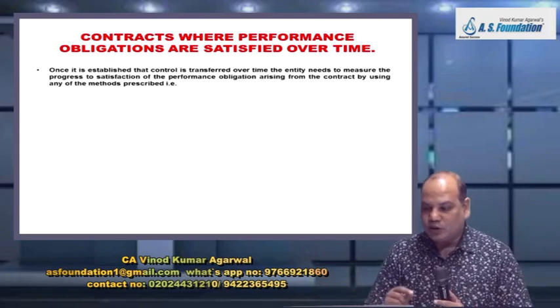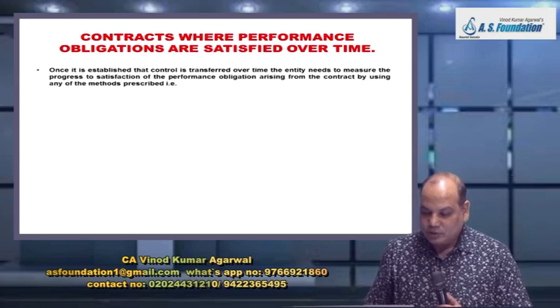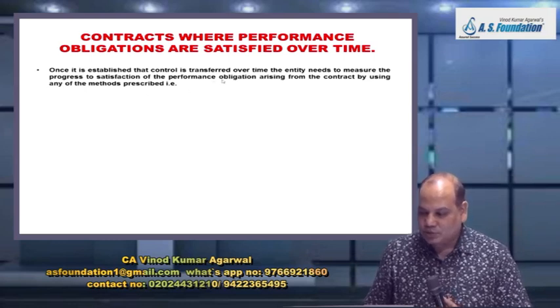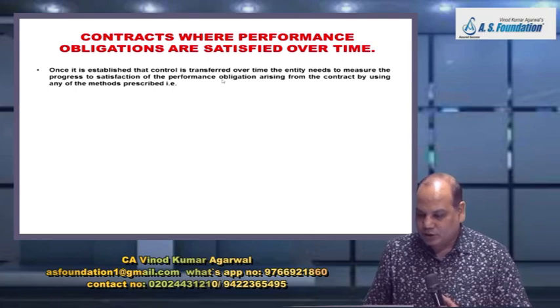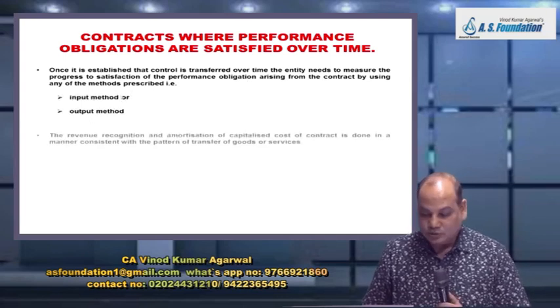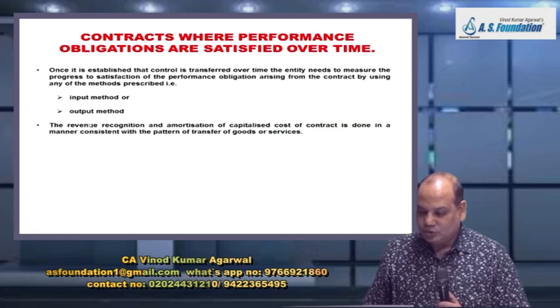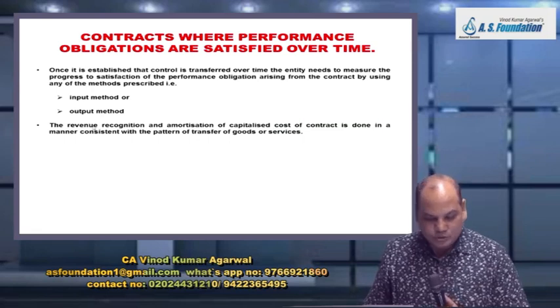So therefore, over the period of time criteria is satisfied. Once it is established that control is transferred over time, the entity needs to measure the progress to satisfaction of the performance obligation arising by using any of the method prescribed. So just tell me, did we discuss input method and output method earlier? Yes. So no need to discuss them again. You can check it later.